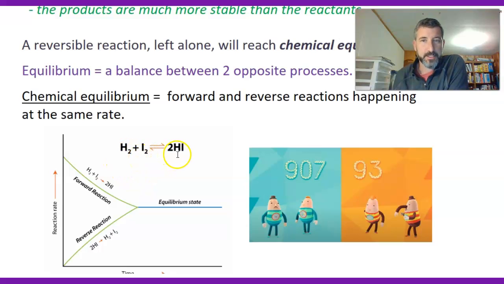You haven't formed any HI yet, so the reverse reaction can't happen. But as soon as you start to form some HI, then the reverse reaction can start to happen, and so you can see it speeding up, right? So it even shows you here the reverse reaction would be 2HI goes to H2 plus I2. Eventually, they reach an equilibrium state where both reactions, forward and reverse, are happening at the same rate.